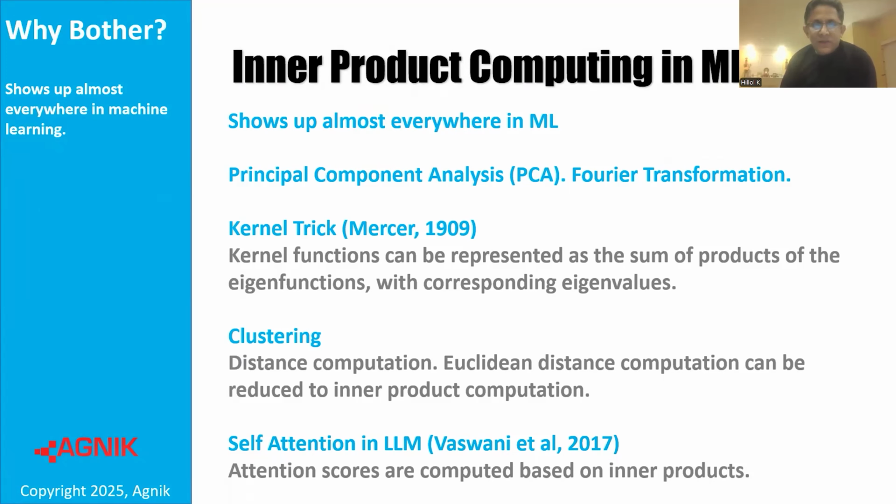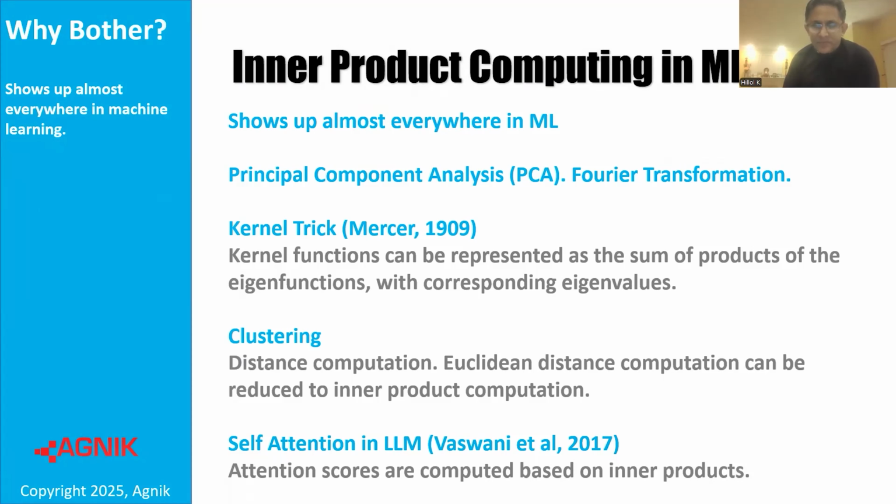So inner product shows up in support vector machines, clustering, outlier detection, and in fact, these days deep learning is quite popular. One of the popular architectures for deep learning is the transformer.